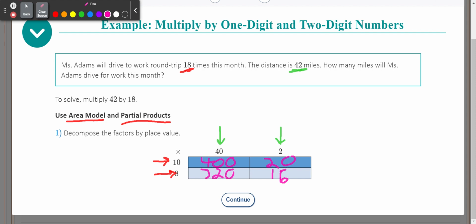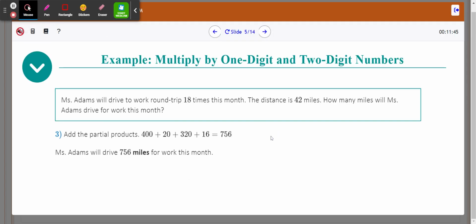I'm going to add all these numbers together, and that gives me the total. When I add up 400 plus 20 plus 320 plus 16, I get 756. And that would be my answer. Again, this is called using area models and partial products.